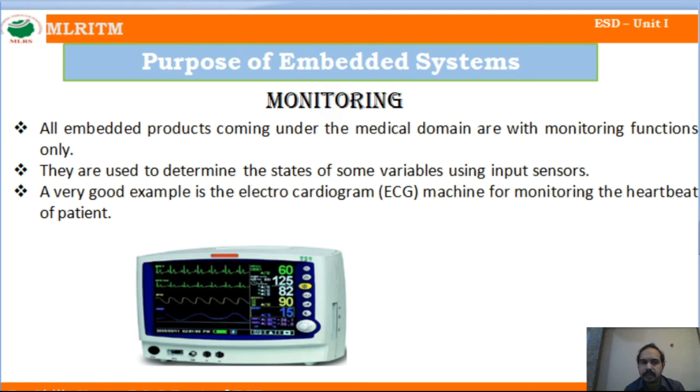So at this particular time the heart rate is like this, the heart is beating like this at this particular time. We can save this to a memory card or some USB device. Everything is possible in this ECG machine, and we can continuously monitor the variation in the heartbeat. So these are all the monitoring devices.